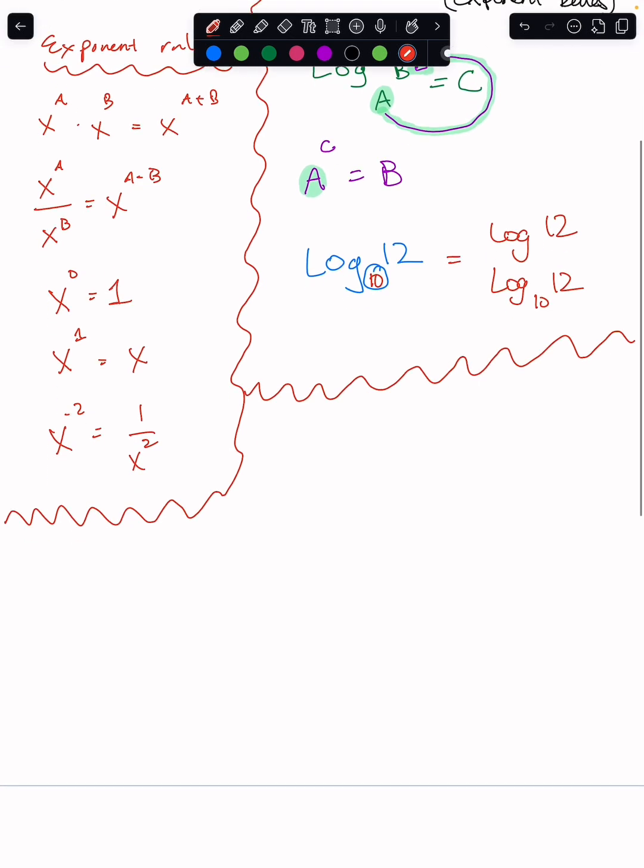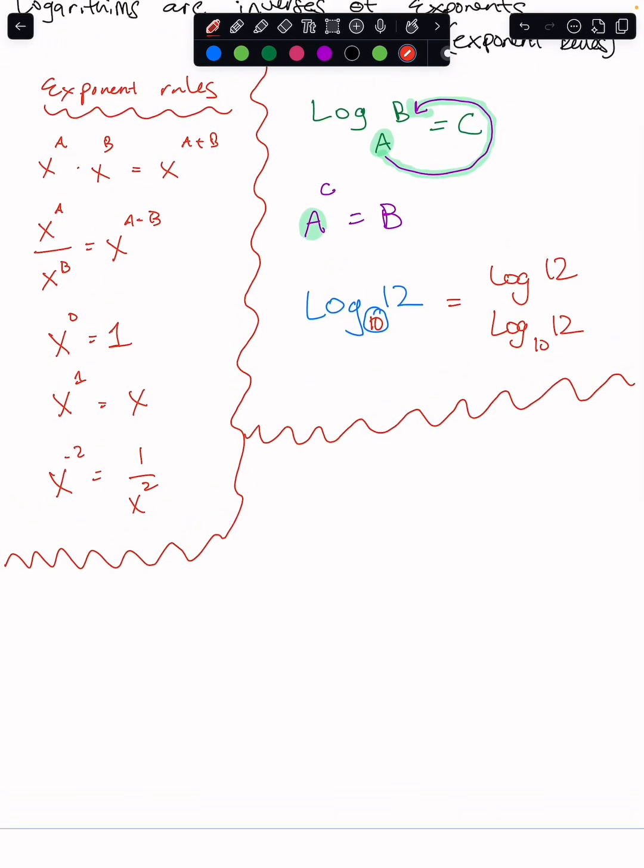All right, so let's take a look at this log rule. So let's see what this looks like. So if I have log base 3 of 9 equals 2. So if I were to rewrite this, 3 squared equals 9. And so that's how that works.